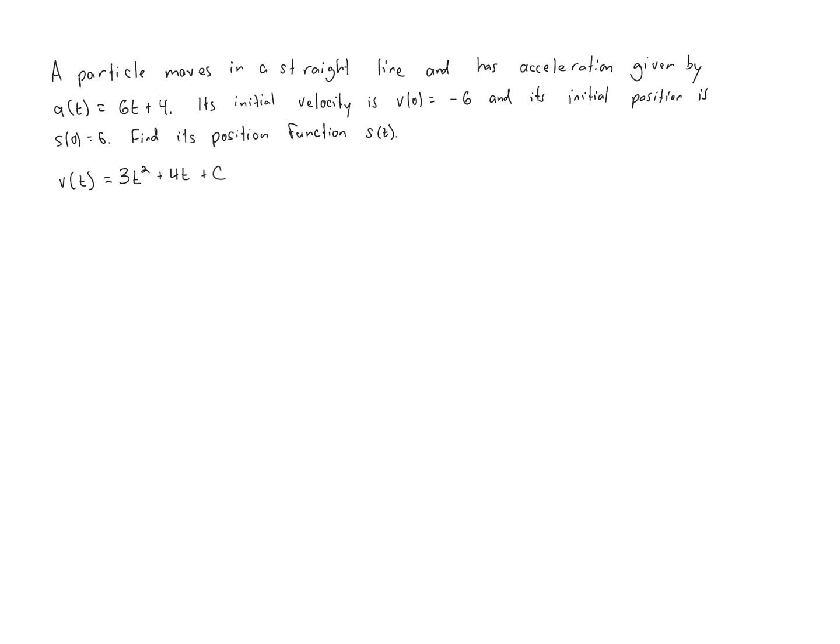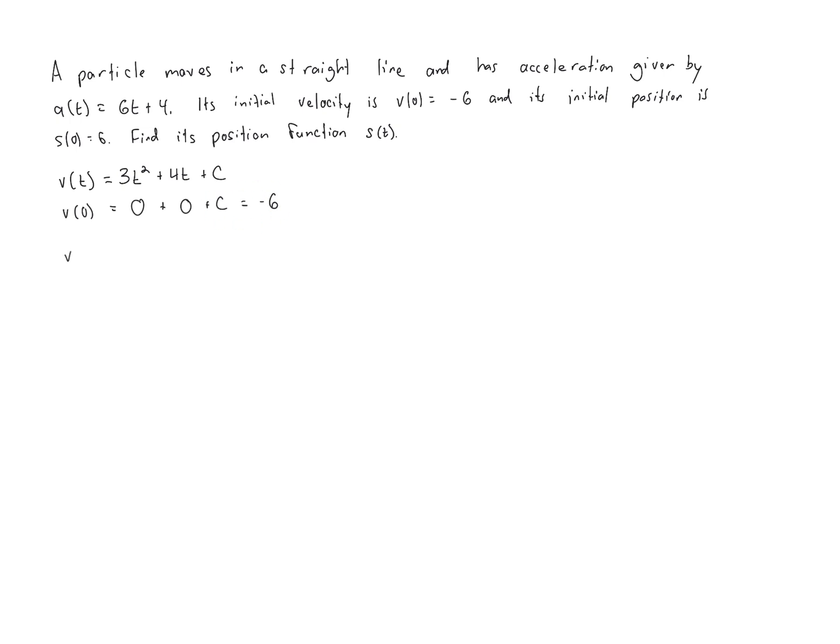But remember, we know something about the velocity. We know the initial velocity is negative 6. So v of 0, if we plug in 0 for t, is going to be 0 plus c. We know that that's negative 6, so that tells us that c is negative 6.